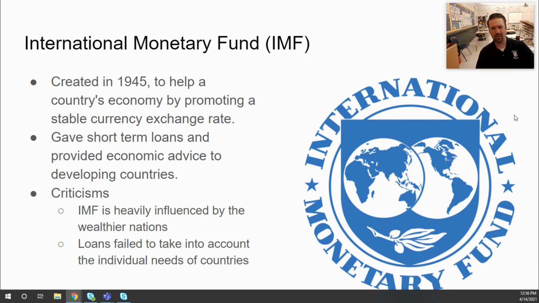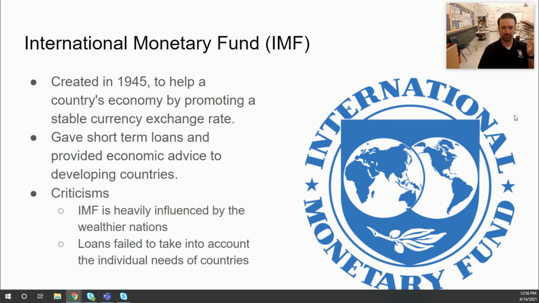They also, the International Monetary Fund, which was created in 1945, was to help promote stability for countries' currency rates, so that they don't deal with things like inflation or hyperinflation or deflation, whatever it might be. And so it would give short-term loans and economic advice to help these developing countries get that on track financially.